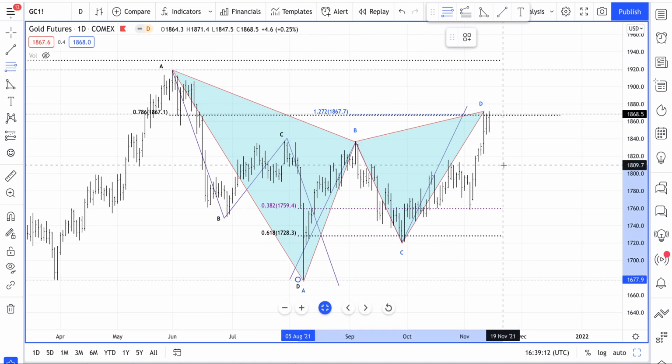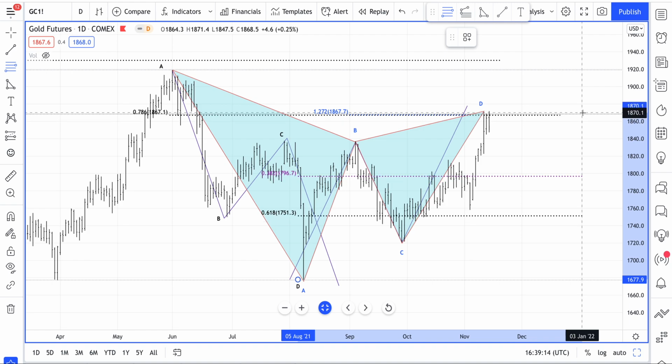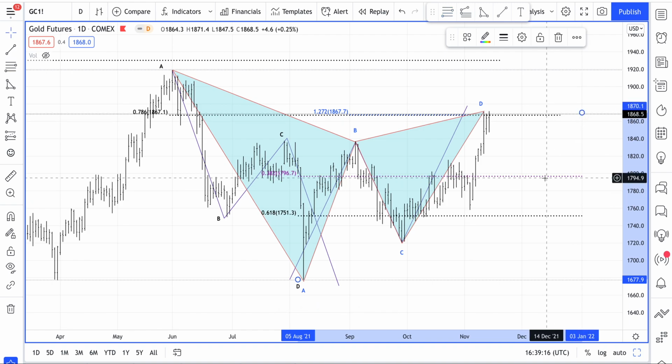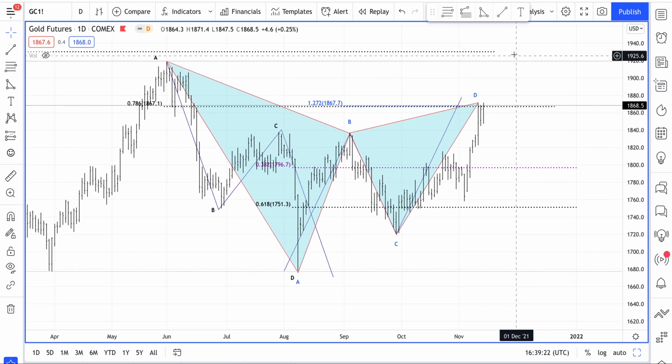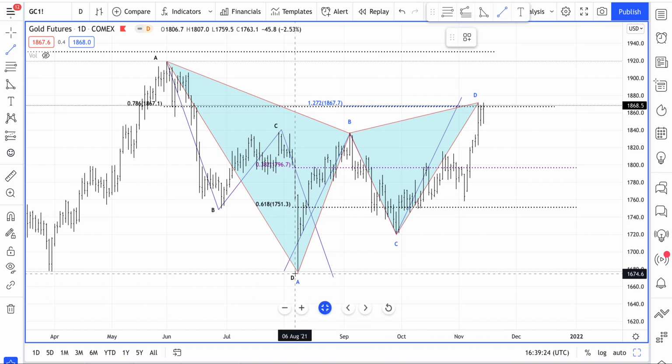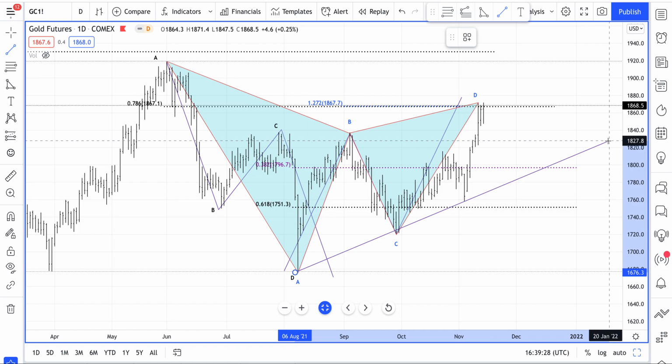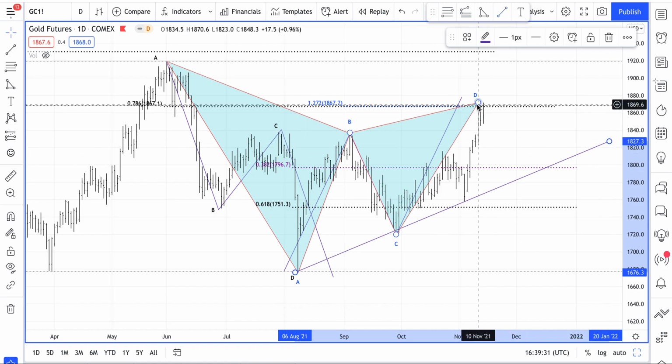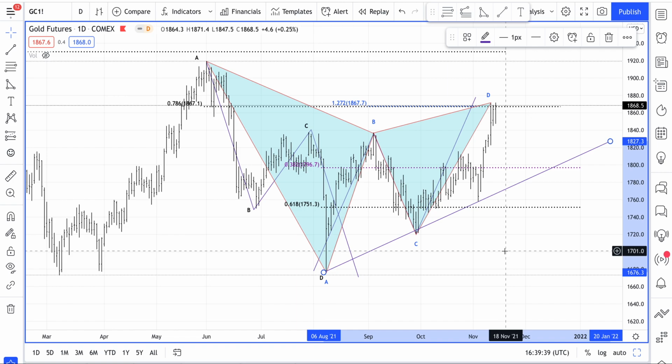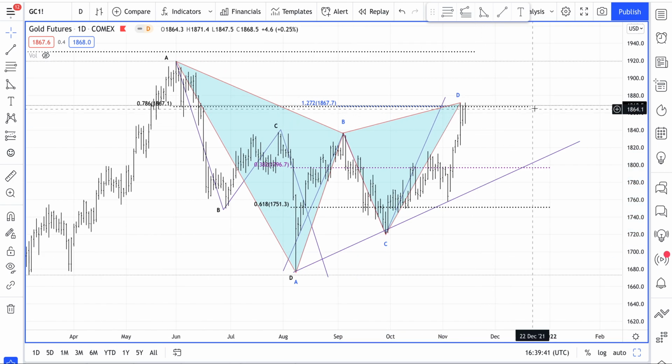However, if it were to retrace this entire move, then we have this 38.2% retracement coming around 1796, so roughly about the 1800 level. Also, if we draw, for example, a trend line from here, it's possible that price could come down a little bit further to around 1775 before attempting to take this high out.